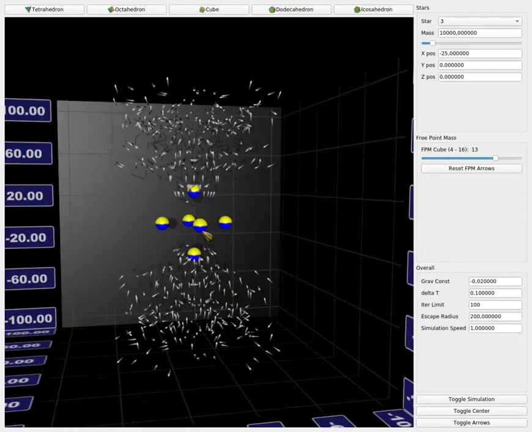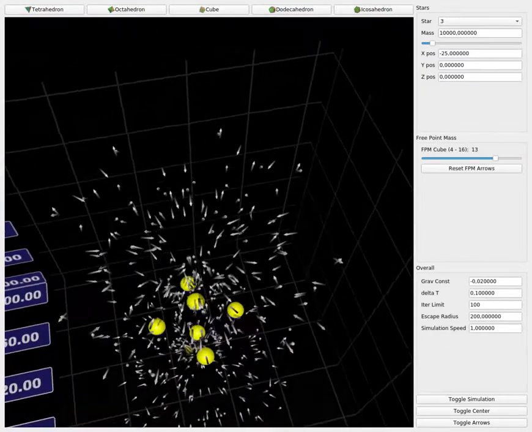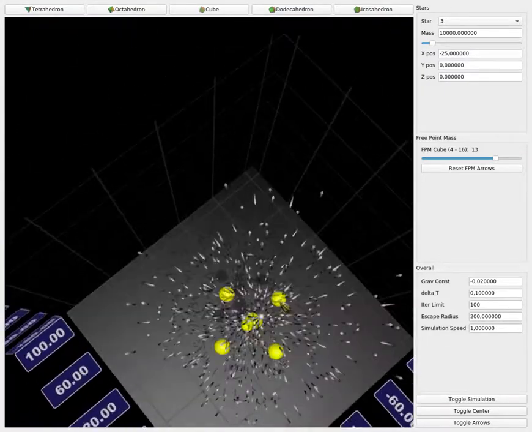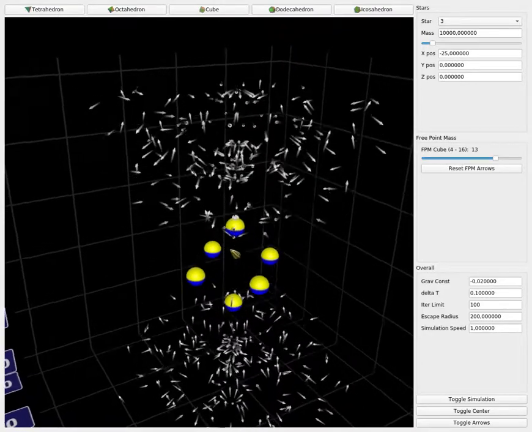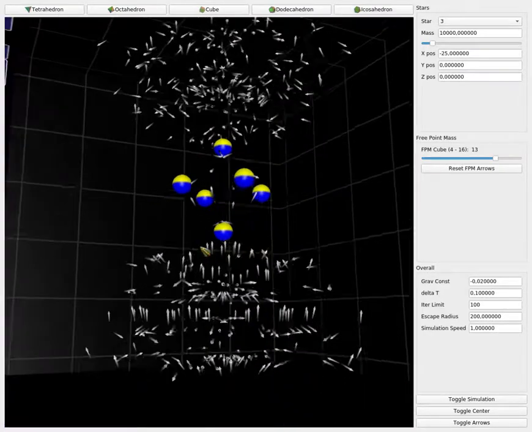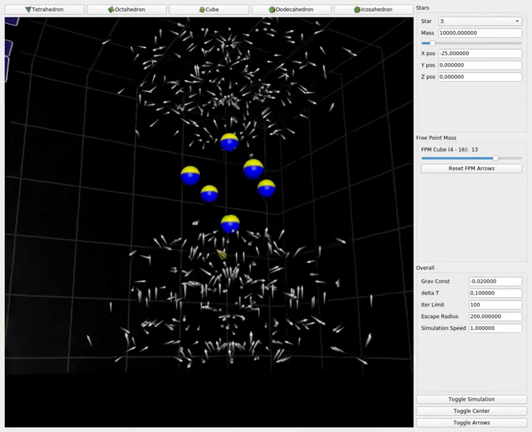And I find that you don't get a real sense of what's going on unless you actually rotate the image or rotate the field.